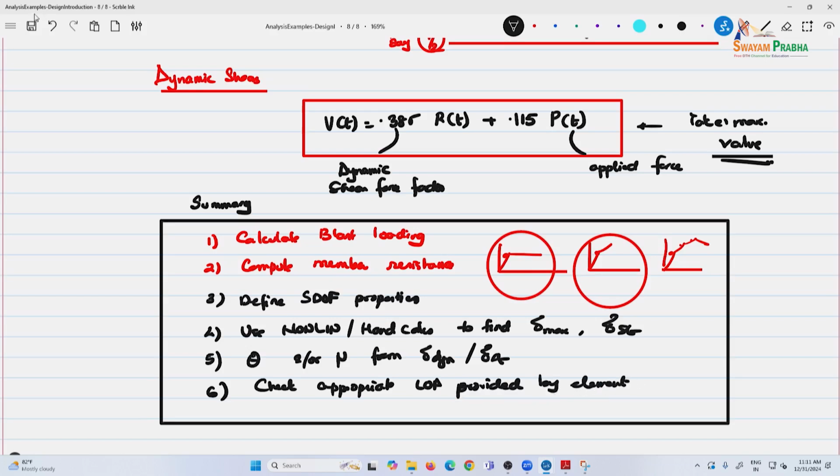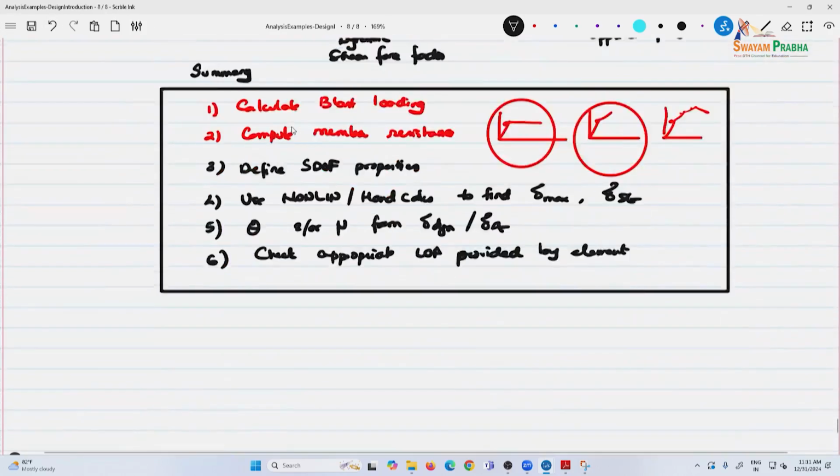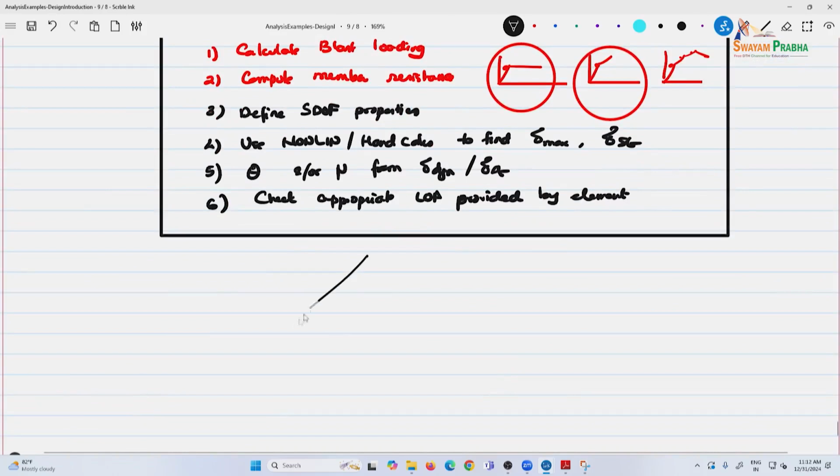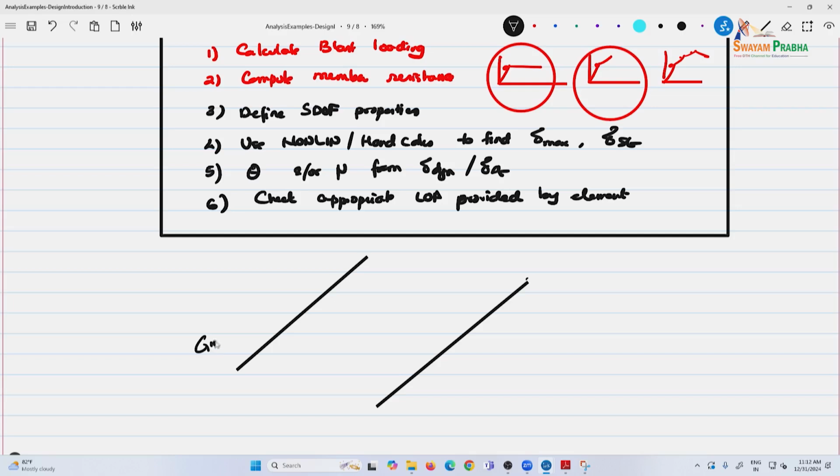One other thing let me quickly mention: when you are designing, let's say this is a girder and this is your roof beam, the girder design is based off a reaction.